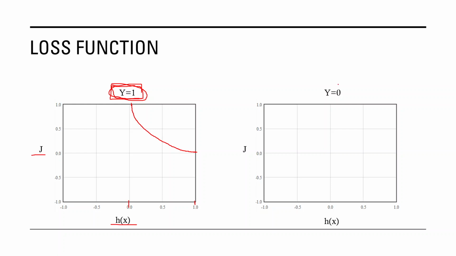So let's take the case where your email is not spam and your model predicts it to be spam. How much should my loss be, high or low? High. Okay, fine. So it'll be somewhere over here. And if my email is not spam and my model predicts it correctly as not spam, should my loss be high or low again?